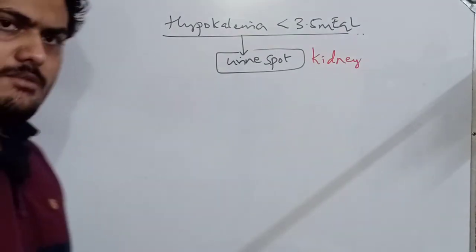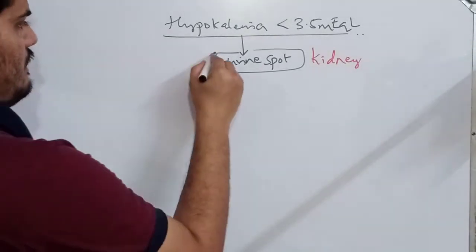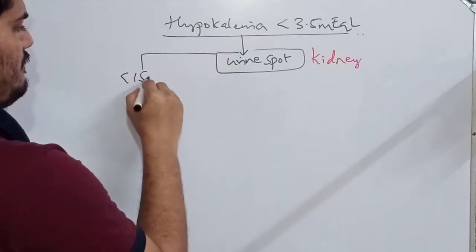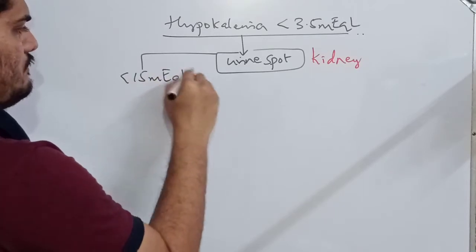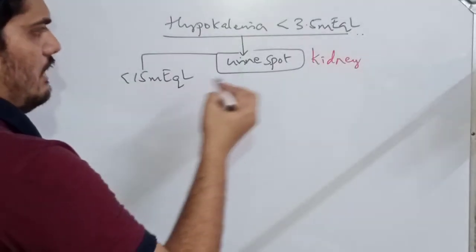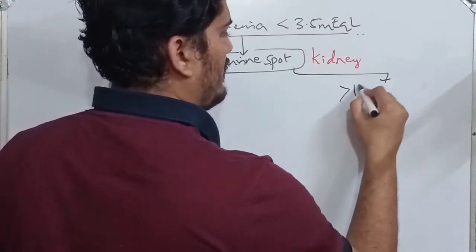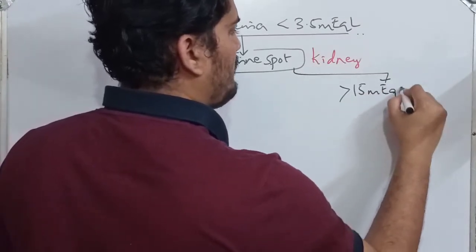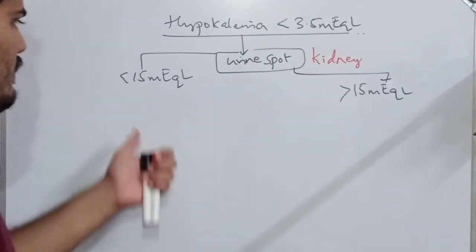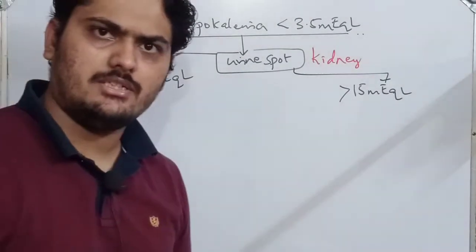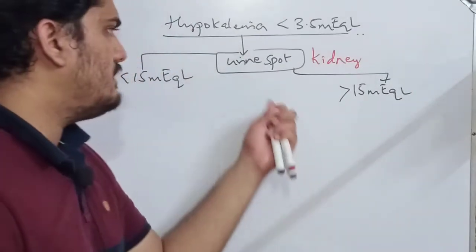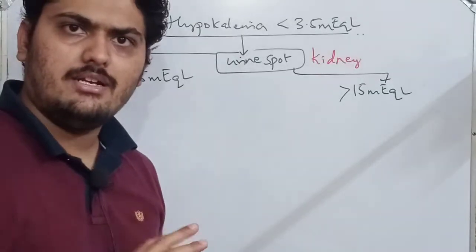What if the urinary spot potassium level is less than 15 milliequivalents per liter of urine? And one more case is urinary spot potassium more than 15 milliequivalents per liter. Imagine that the patient's tubules in the kidney are completely normal.